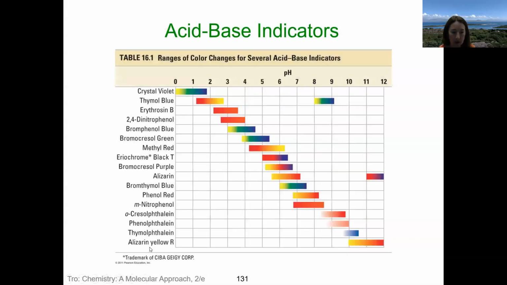Okay. So now let's say you were doing a weak acid, strong base titration, right? The endpoints are different. And so depending on where you think your endpoint is, you can choose different indicators.